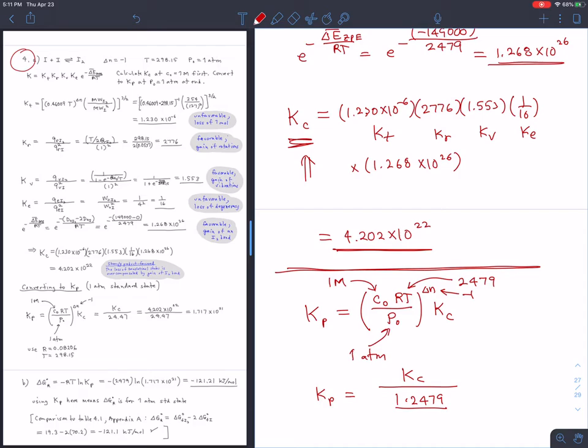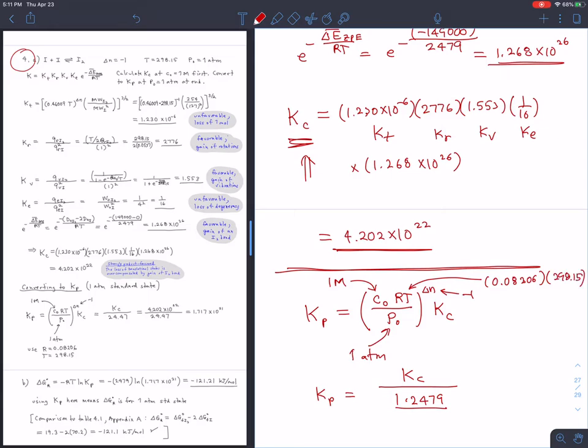Oh, sorry, I take that back. This 2479, we have to keep the units consistent, right? We need to use liter atmospheres for this, so this is 0.08206 times 298.